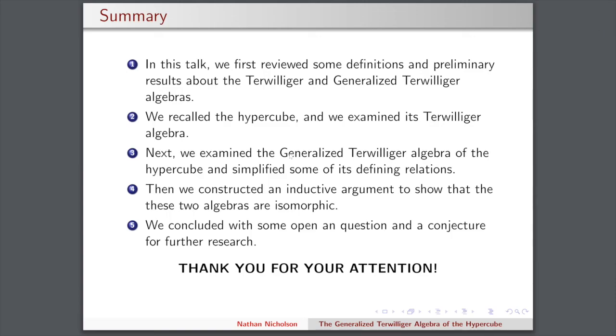Yes, so if your conjecture holds, if the Terwilliger algebra is isomorphic to the generalized Terwilliger algebra, then it means the actual Terwilliger algebra does not depend on the base vertex any longer. It would only depend on the parameters, right?